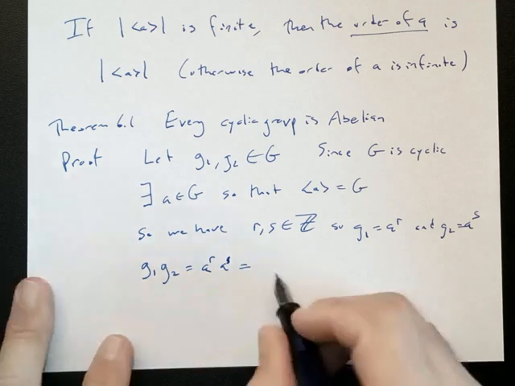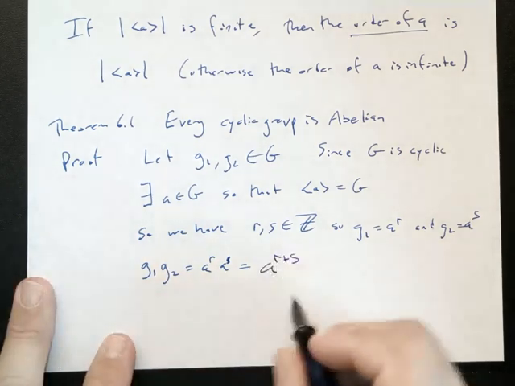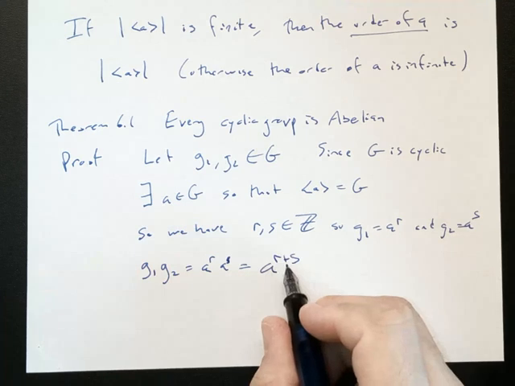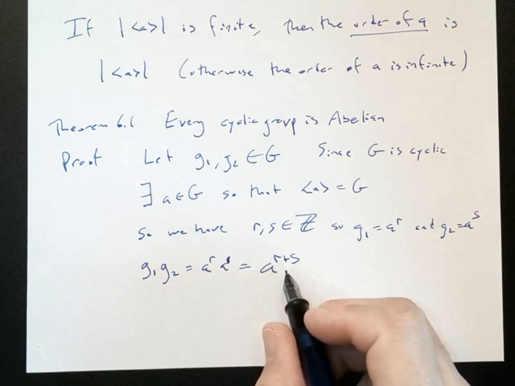That would be A to the R plus S. And those are integers. What do I know about addition in integers? I get another integer, but also addition in integers is commutative, right?